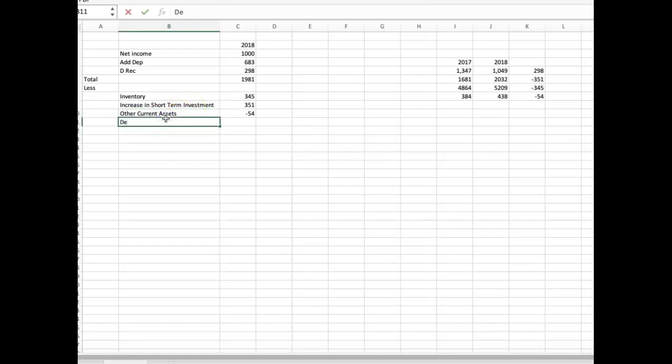All right. We're going to have a decrease in accounts payable. And we have the unredeemed gift cards. So let's go ahead and look at our decrease in accounts payable.